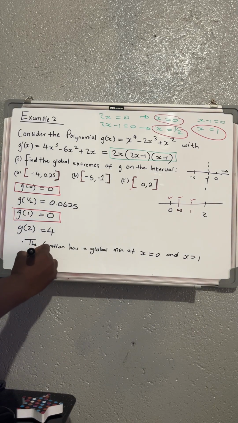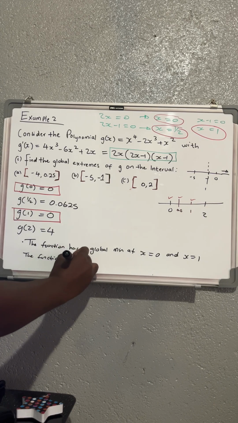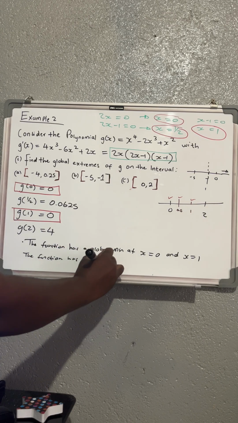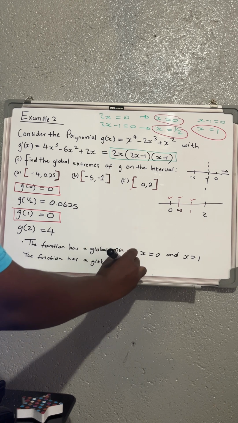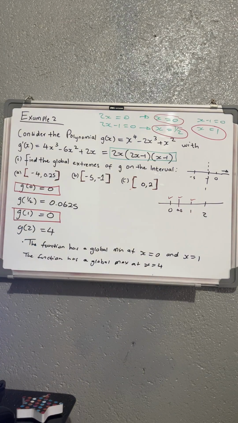The function has a global maximum at x equals 2, where the value is 4. And that's it. That's basically how you solve this type of question.